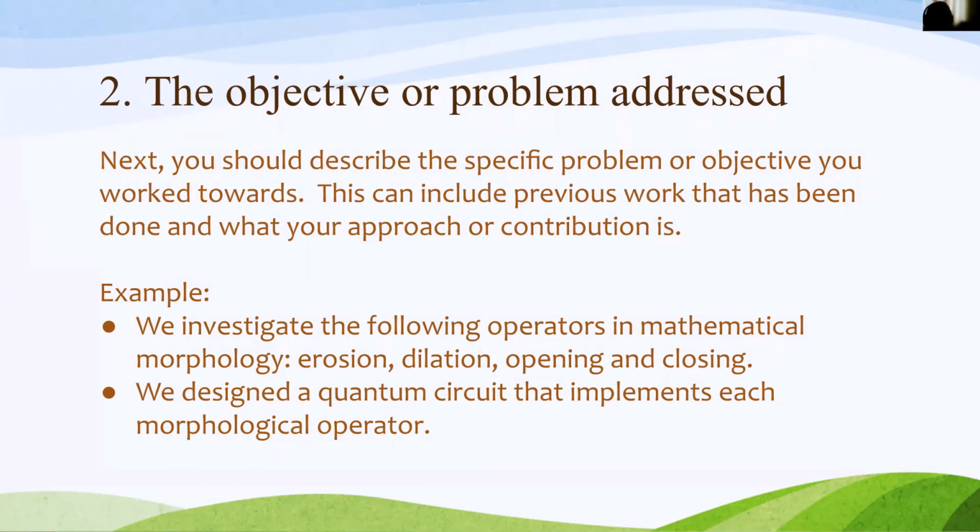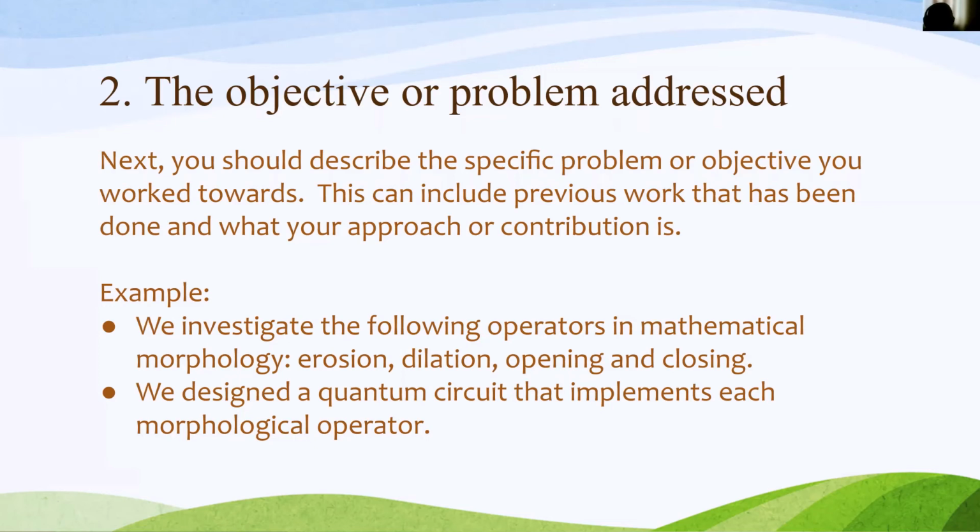If you read other works about image processing with morphological operations, these are popular operations. So it's a good way, because we investigate other works with similar ideas, and other parties investigate similar projects in the quantum field.